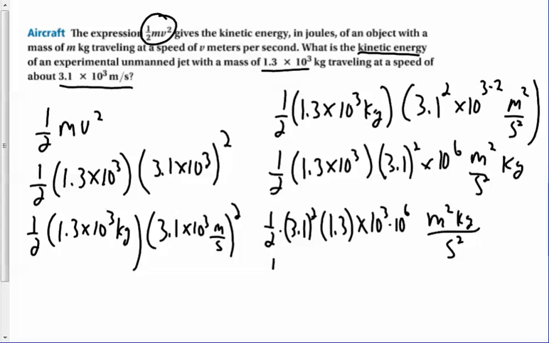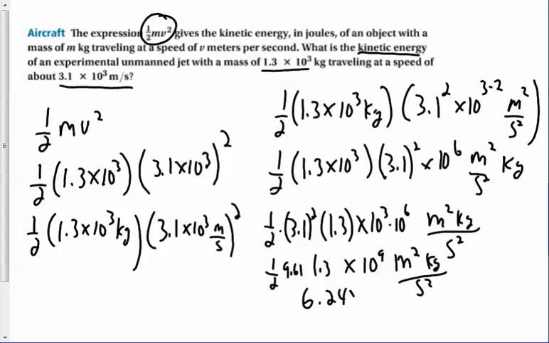So this is 1/2 times 9.61 times 1.3 times 10 to the ninth. And this is your units, meters squared kilograms per second squared. So 9.61 times 1.3 equals 12.49, and I divide that by 2, and I get 6.24, so it's 6.24 times 10 to the ninth meters squared kilograms per second squared. So that's the kinetic energy.